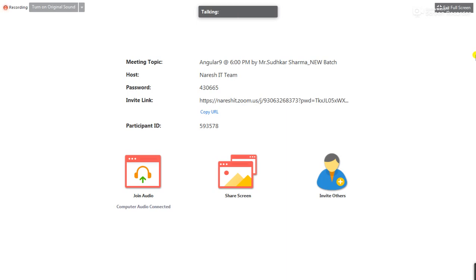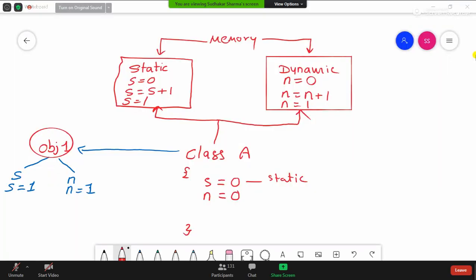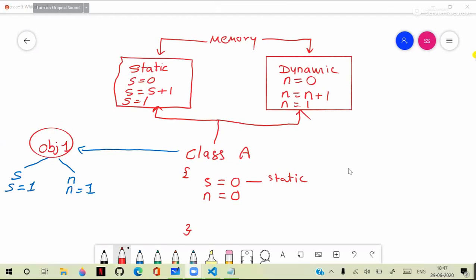So the first object finished using the memory. Once it finished, the static memory where S equals 1 still remains.